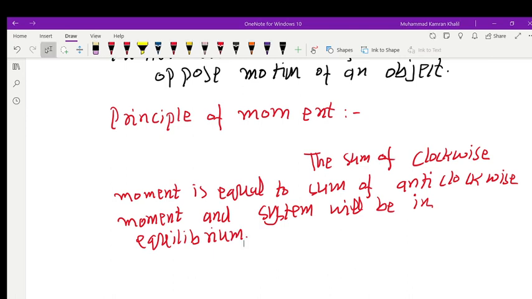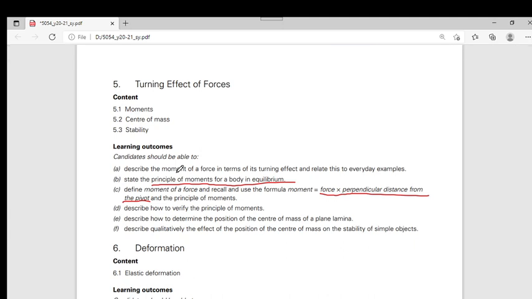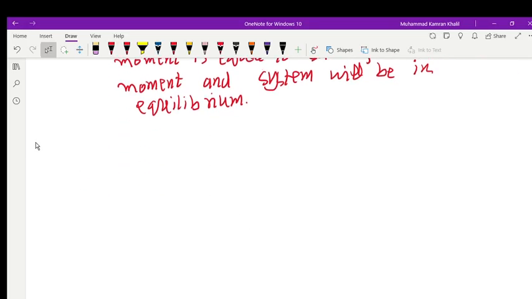Okay, the next one, the definition is the center of gravity. The center of gravity is a point where the whole weight of an object acts in downward direction.